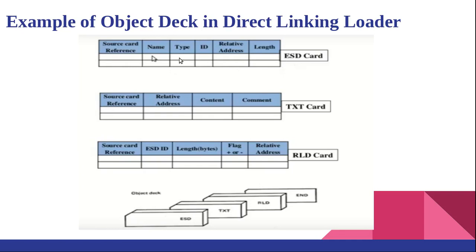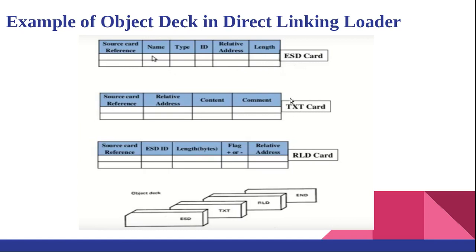If the symbols are defined in the present program, then the type will be LD, that is local definition. If the symbols are defined outside the program but only referenced in the present program, then such symbols will be of type ER, that is external reference.